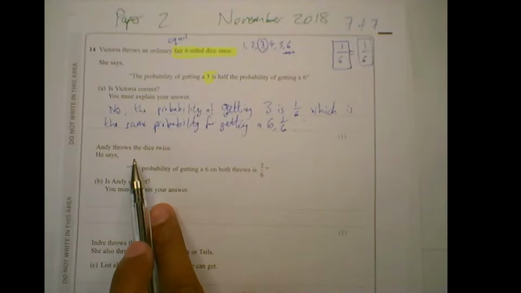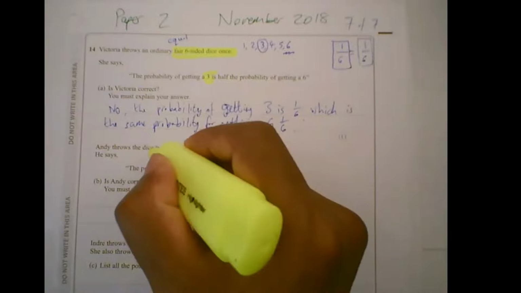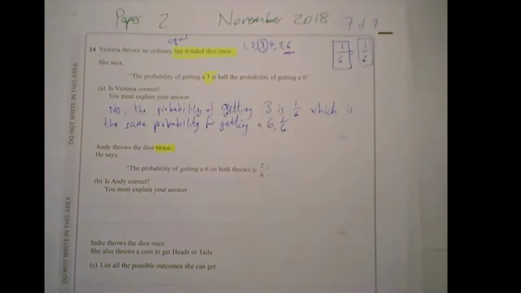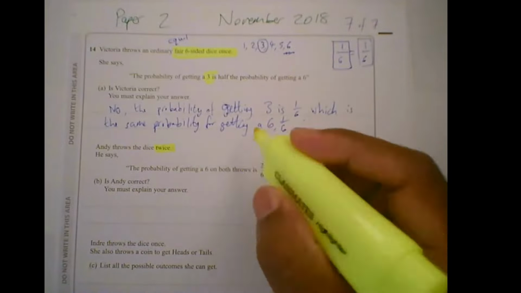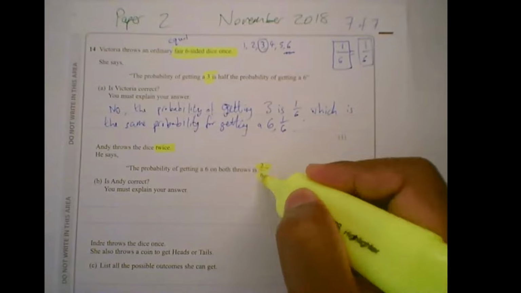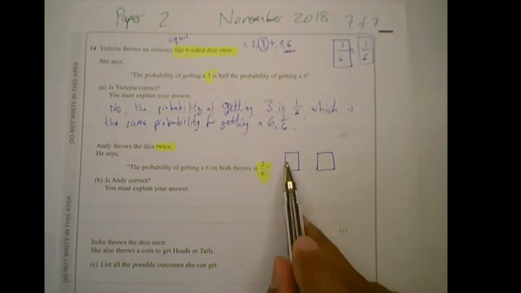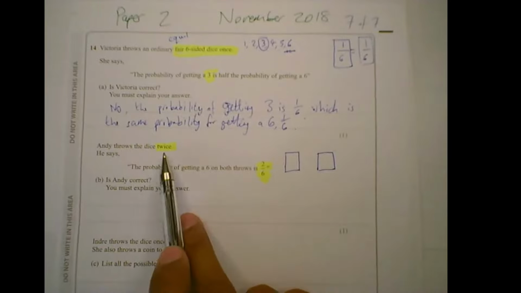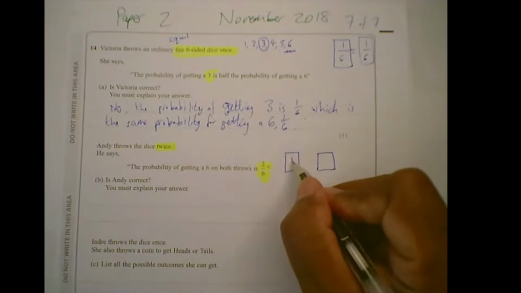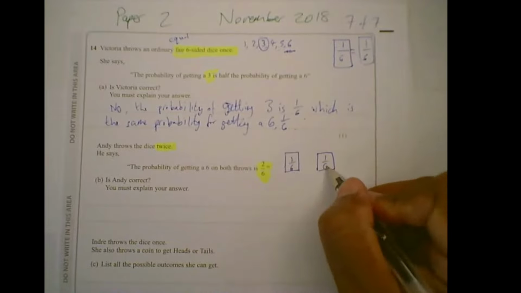Andy throws the dice twice. So here he's throwing it 2 times. He says the probability of getting a 6 on both throws is 2 out of 6. Because he's throwing it twice, I'm just putting 2 boxes. The probability of getting a 6 is 1 over 6, 1 over 6.